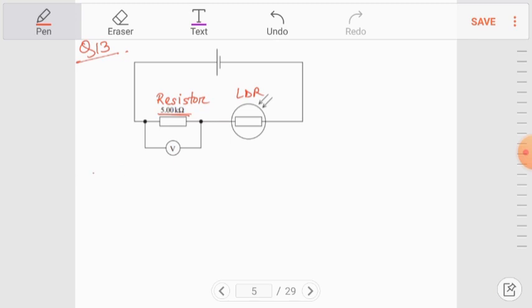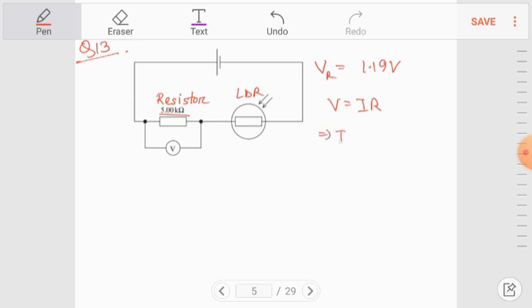So first we need to state that the voltage of the resistor when the lights were switched off was 1.19 volt, and according to the equation V equals IR, the value for resistance for this resistor is also given.